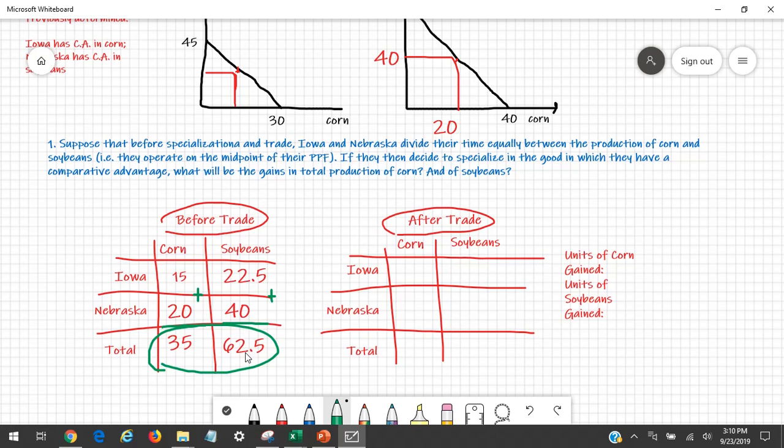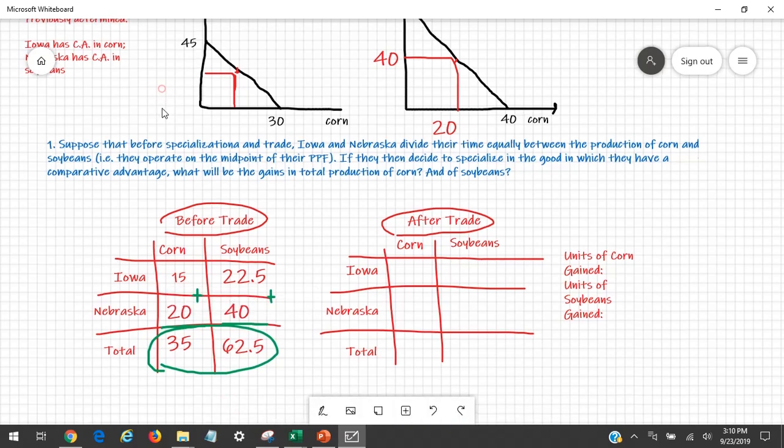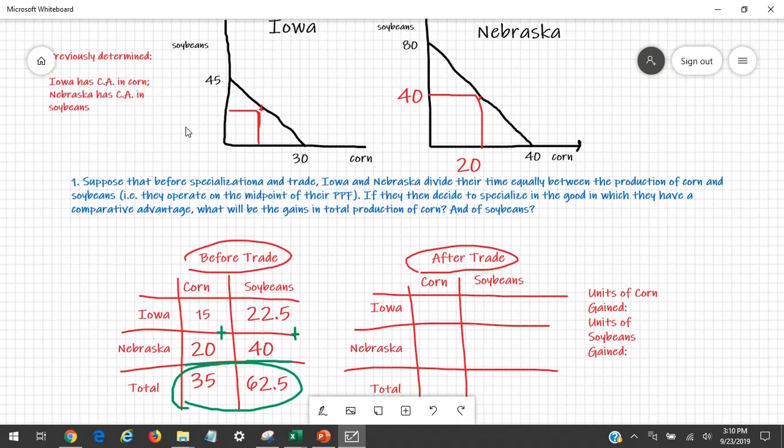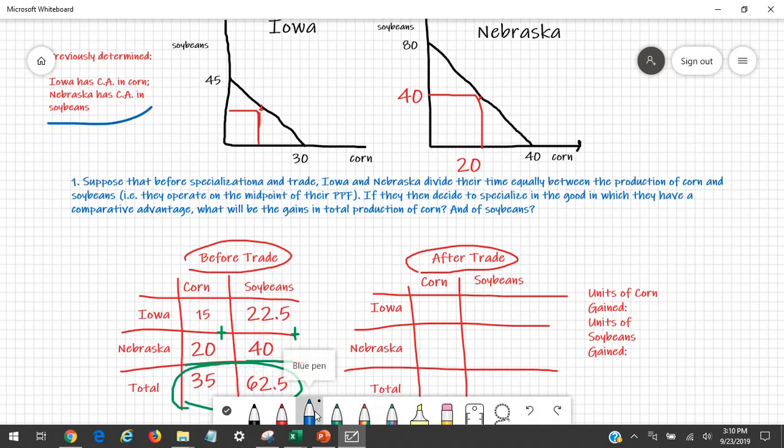The second half is to figure out, okay, after Iowa and Nebraska decide to specialize, what is their production total going to look like? So we determined in the last video that, Iowa, so here I'm going to refer to this information up here.